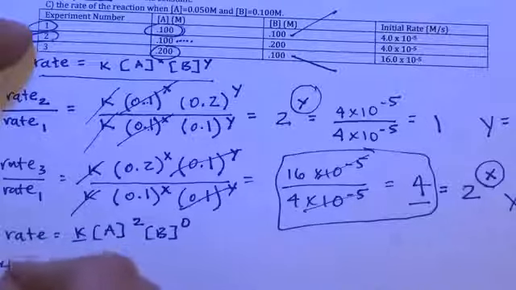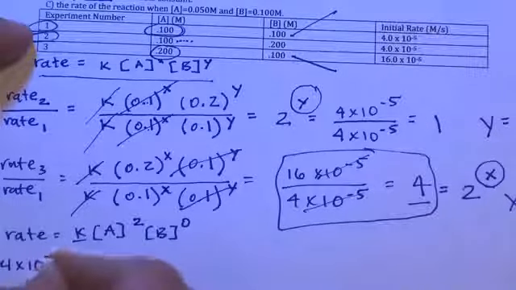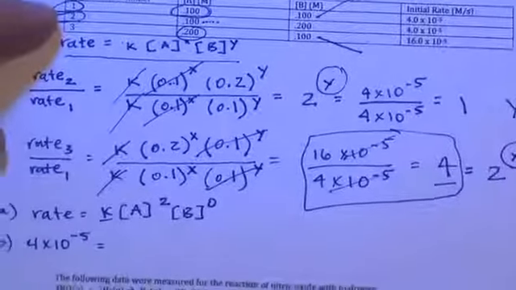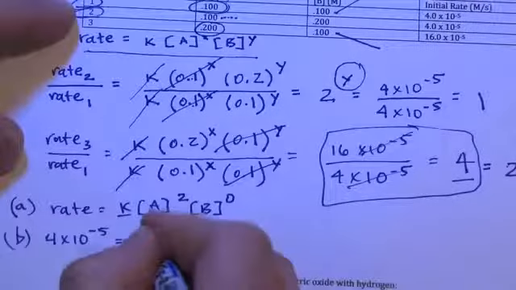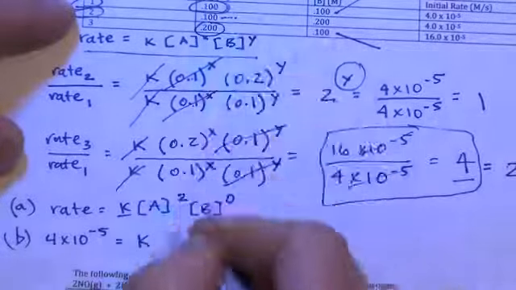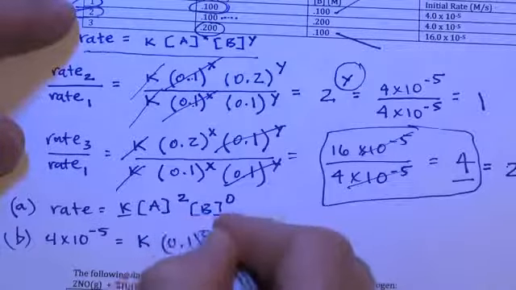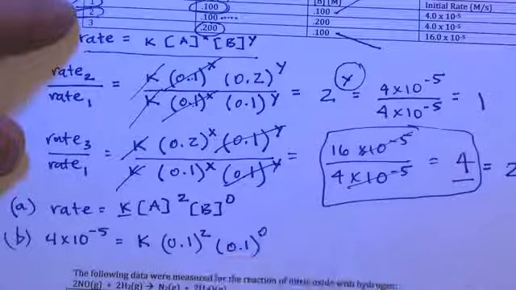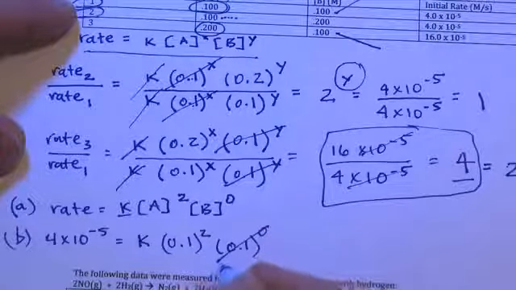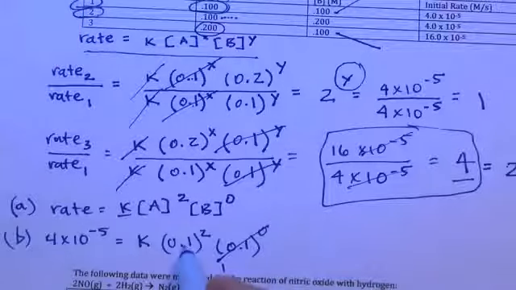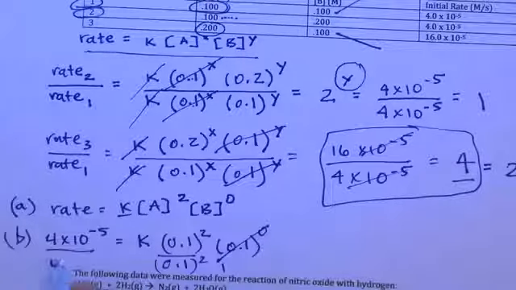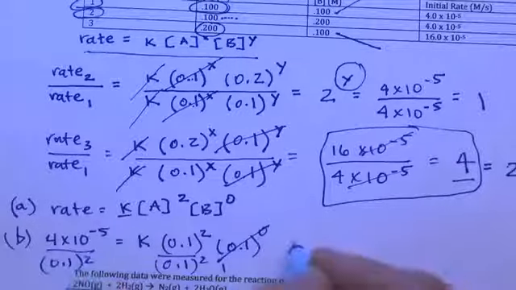So the rate for experiment 1 was 4 times 10 to the negative 5th, and this is equal to some constant k times the concentration of A, which is 0.1, and let's raise that to the second power, times the concentration of B, which is also 0.1, and we're going to raise that to the 0 power. Anything to the 0 power is 1, so that goes away. I'm going to have to divide both sides by this 0.1 squared to find k.